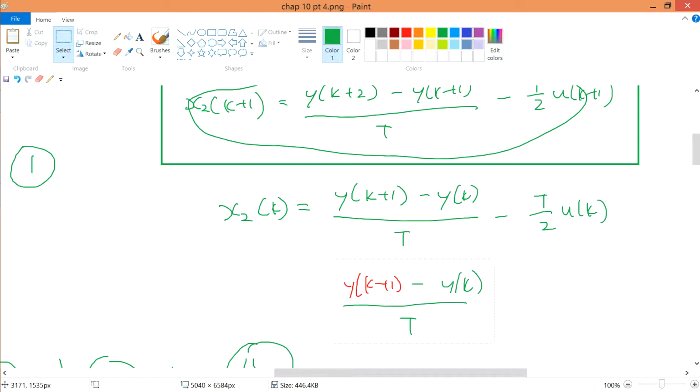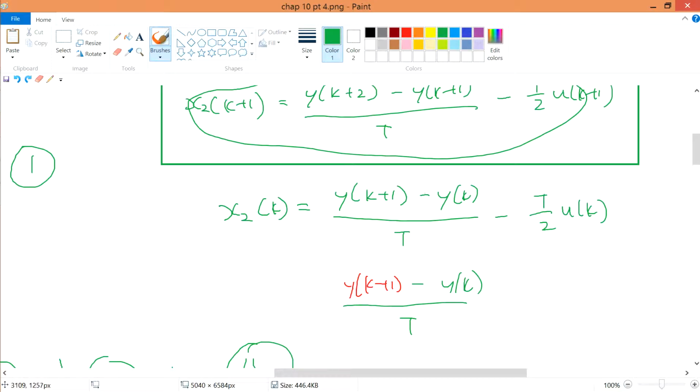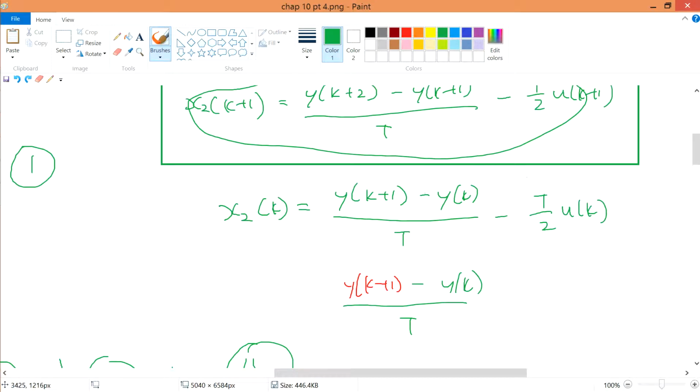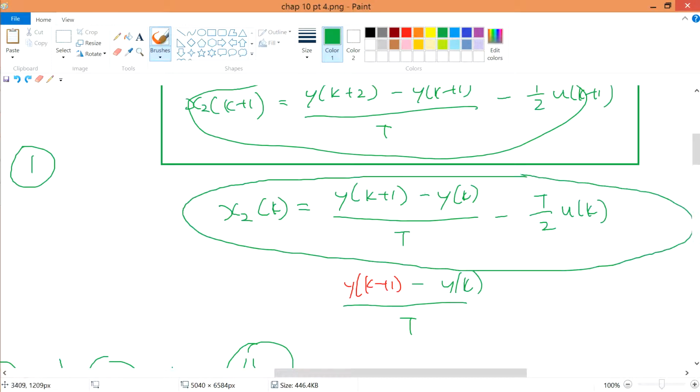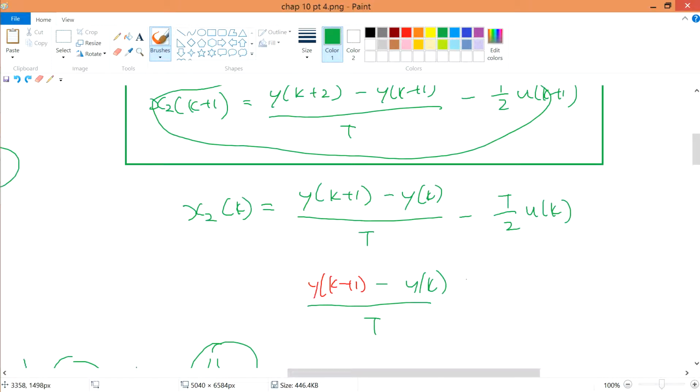I'll copy this and paste it over here. As you can see, this thing that I've pasted is part of the x2k. Take a look. This is the thing that I've explained to you, why I don't know how he derived that. But if in the exam you really want to derive it, you can just do the shift that I explained a few minutes ago, of how we get back this thing.